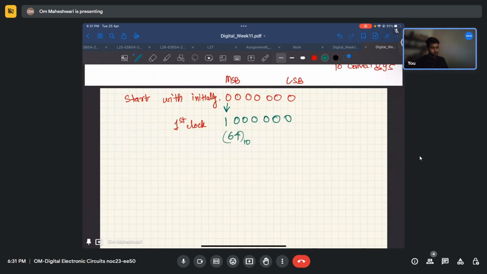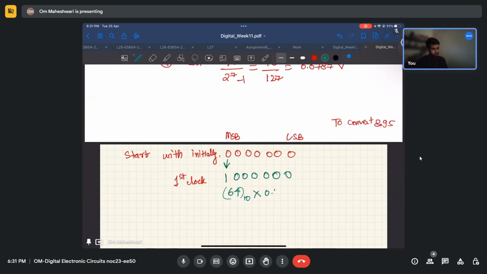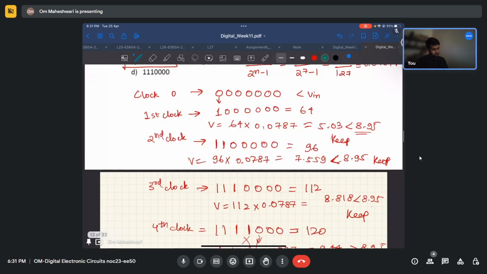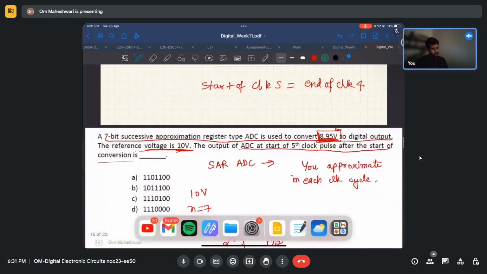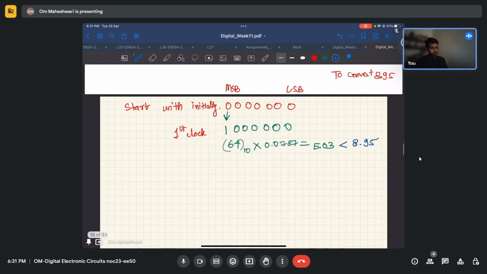Now how much voltage will it correspond to? We multiply with the resolution, 0.0787. So it will correspond to 5.03 volts. Now this 5.03 is less than 8.95. So we will keep the bit.